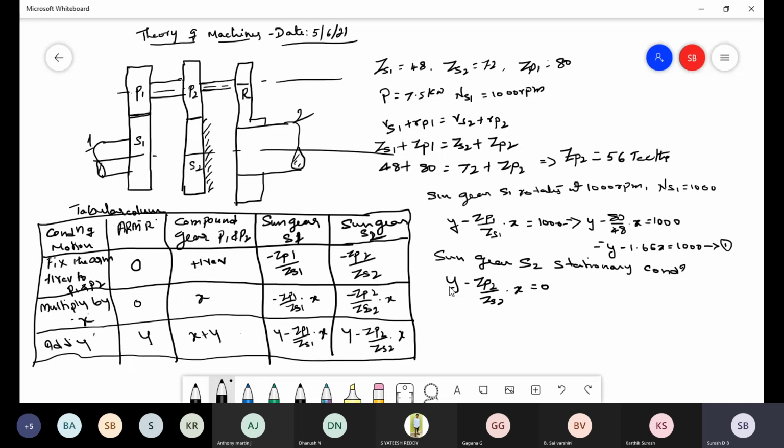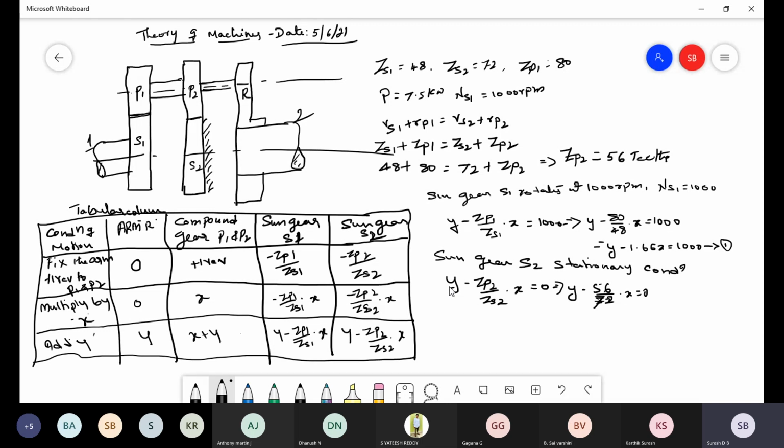Here also the same: the Y value is unknown, and the X value is unknown. You can substitute the ZP2 value and ZS2 value. Y minus ZP2 value is 56 divided by ZS2 value is 72, into X, equal to 0.